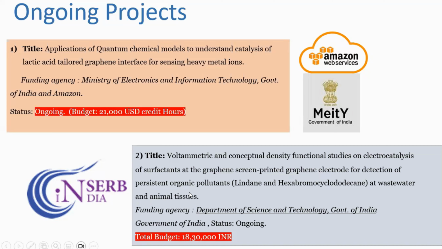We got another, the SubTAR project with IIT Guwahati collaboration, which we have also completed. The idea of this project is developing a surfactant modified carbon electrode surface for detecting pollutants like lindane and hexabromocyclododecane.